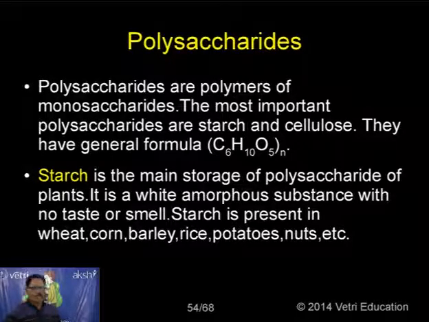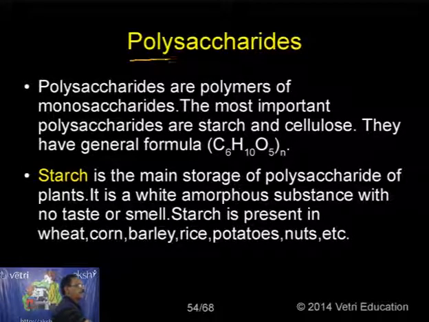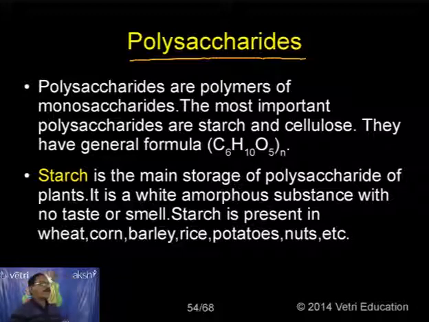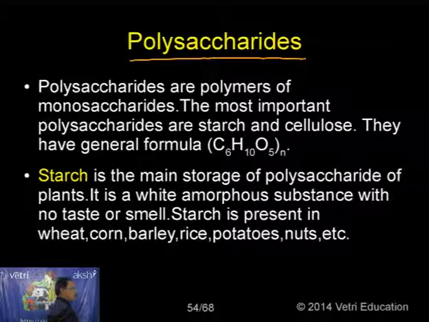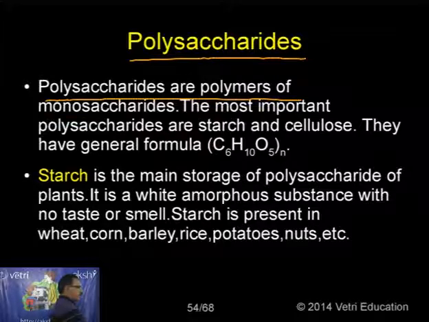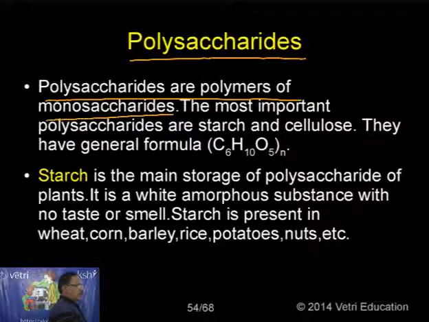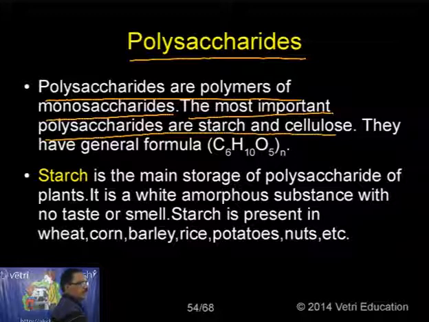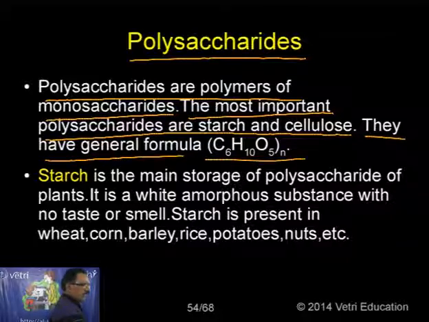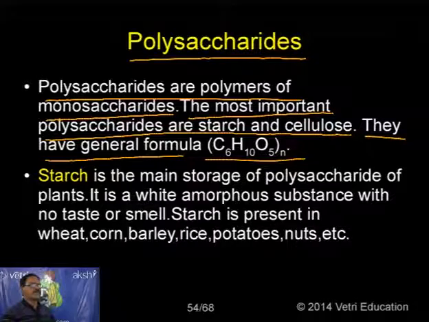Next, let me concentrate on polysaccharides. Polysaccharides are polymers of monosaccharides. The most important polysaccharides are starch and cellulose. They have the general formula (C6H10O5)n, n times.